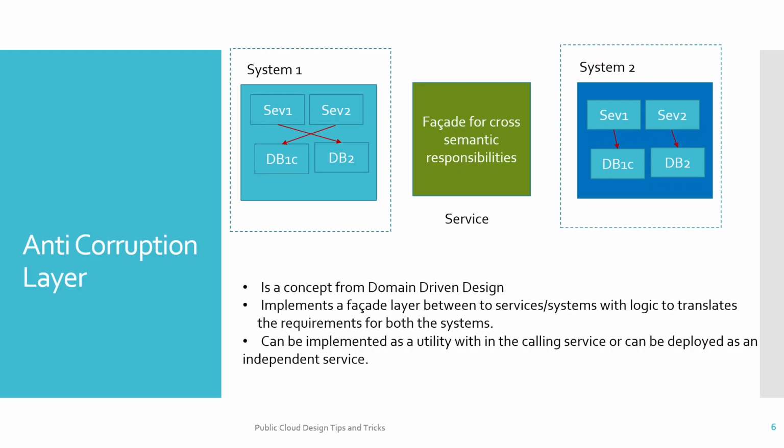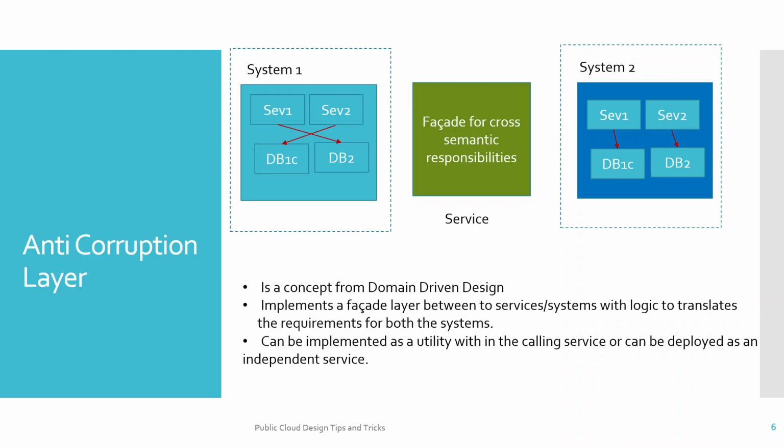Now, what is an anti-corruption layer? An anti-corruption layer is a facade sitting between two systems. It originally comes from domain-driven design, and it implements a facade layer between services or systems. It has its own logic to translate the requirements for both systems.